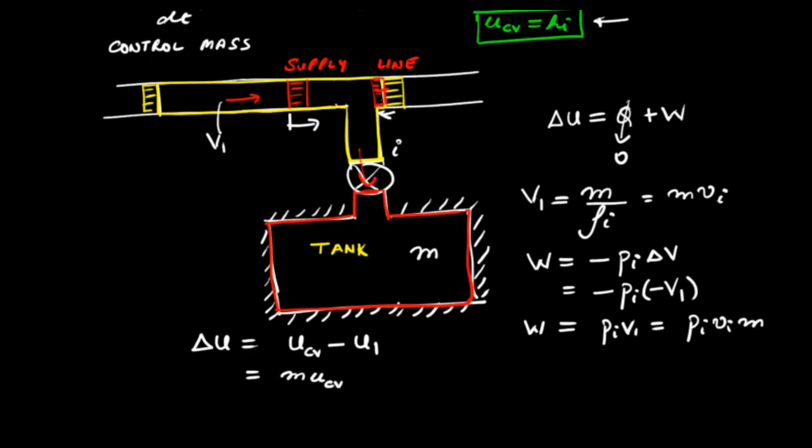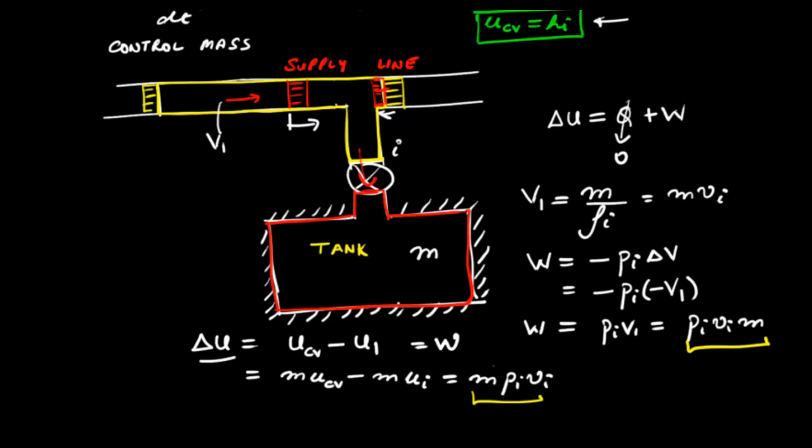So this means the specific internal energy of the gas within the tank minus mass times the specific internal energy of the gas at the inlet conditions, that is equal to those in the supply line, and this delta U is equal to the work that is done on the system, that is equal to m times Pi vi. So clearly this contribution of work, you can recall, is due to the flow work.